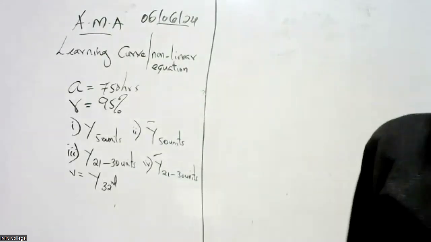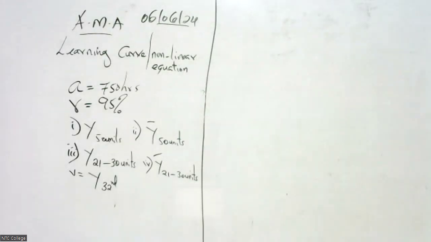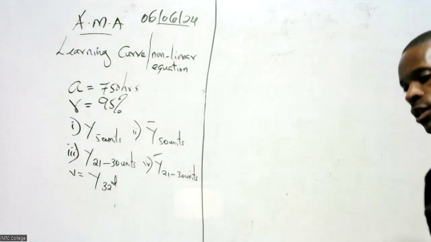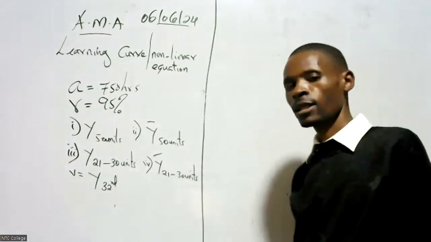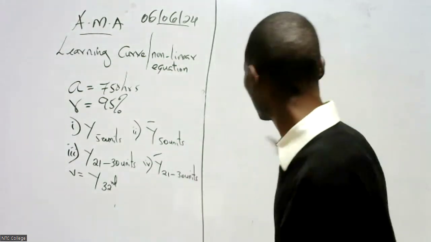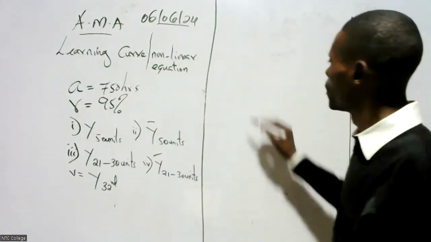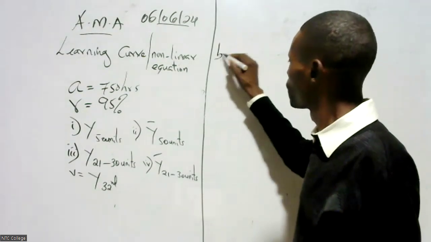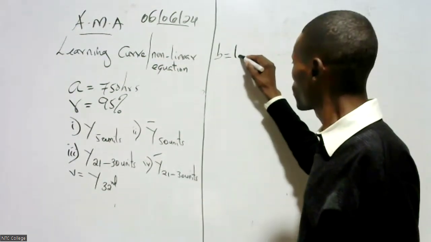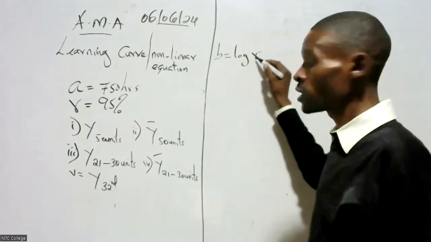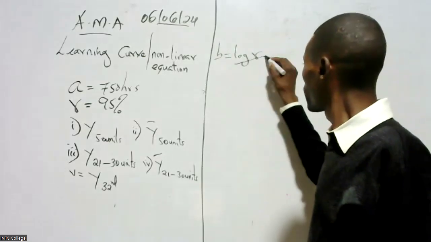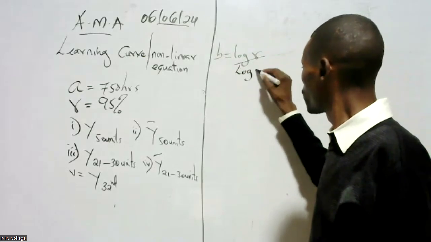So let's try to carve that particular solution. If it is total time, you use the total time model. First of all, let us get the learning index, which is B. B is the log of the learning rate R, divided by log 2.